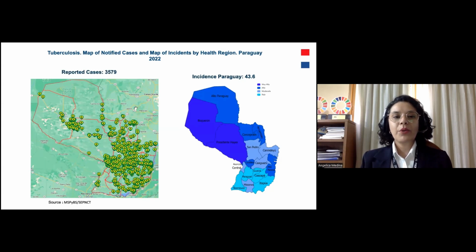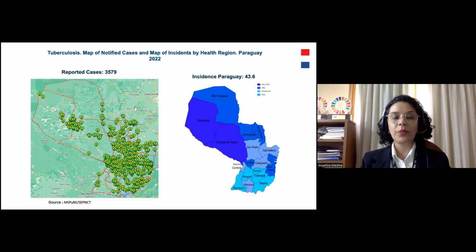So you can see the distribution of the cases in Paraguay. On the left side, we have the map that you can get from our expert system, that is the online system that we have to identify all of the TB cases in Paraguay. On the left, you can see Paraguay's map with the cases of TB. And on the right, we see the Paraguay map with the incidence, classified by very high or low.